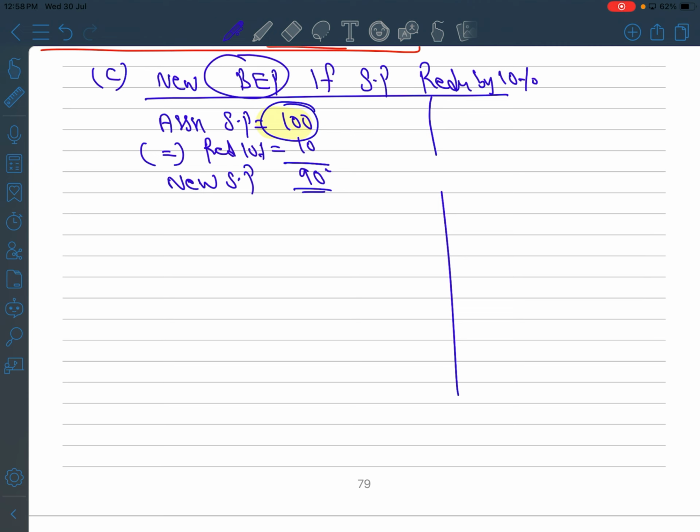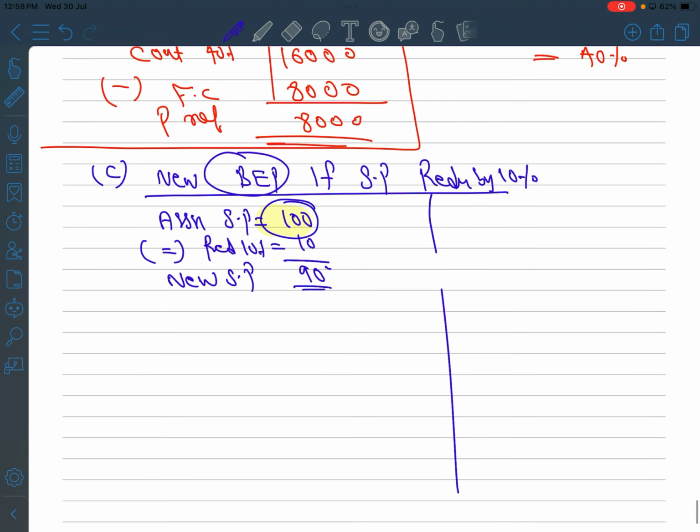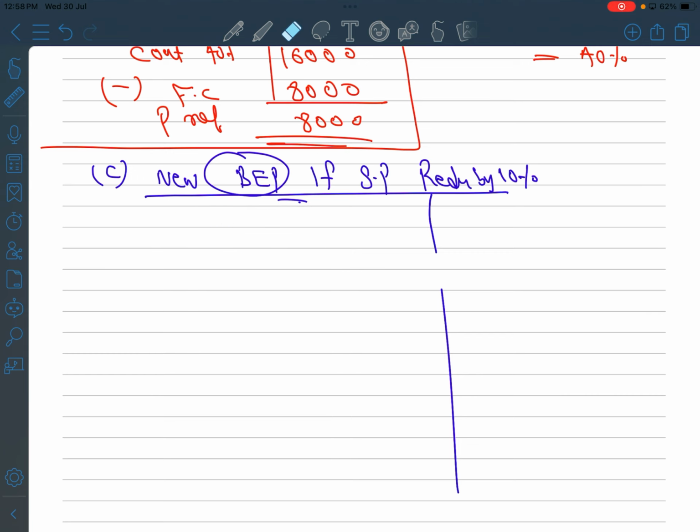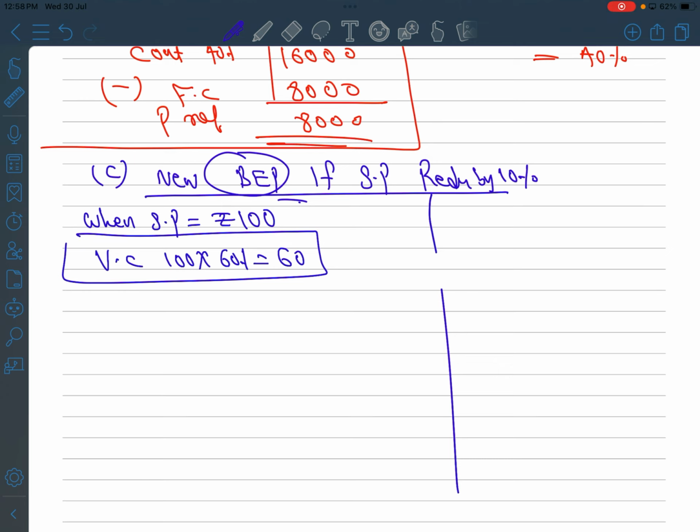What was the selling price? Assume, wait. When selling price is equal to rupees 100, that time variable cost is equal to 100 into 60% is equal to 60. This variable cost will not change.